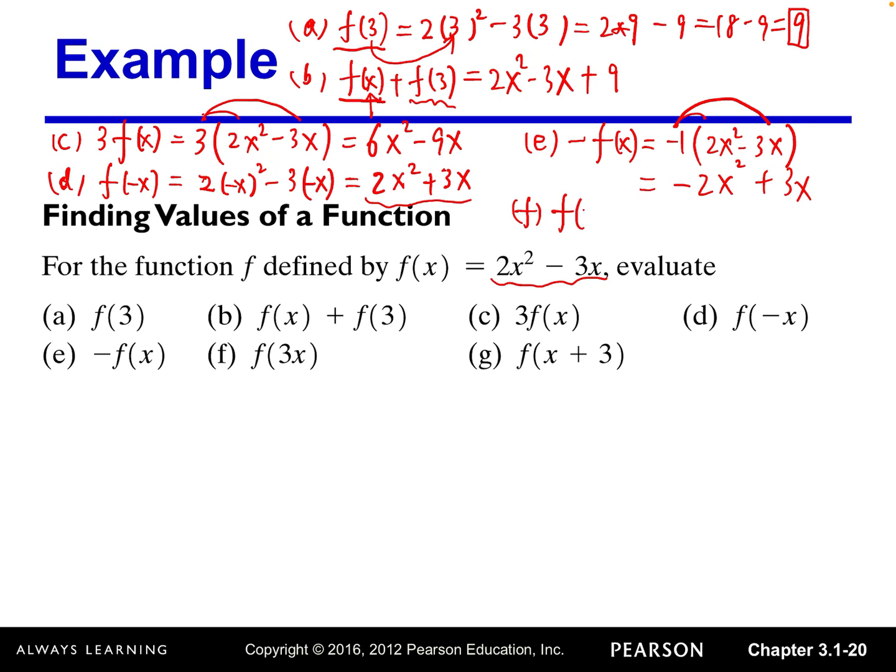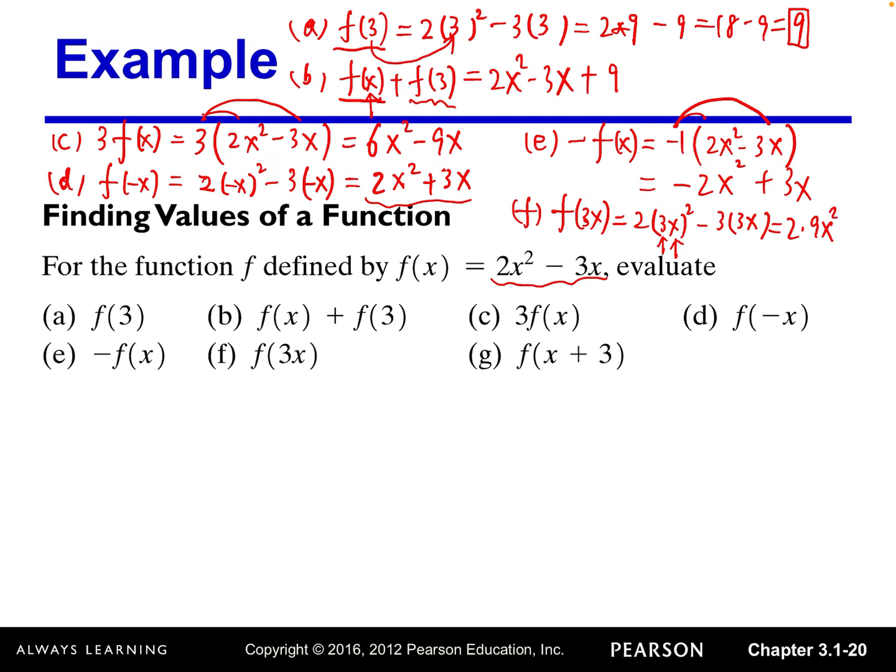F, we want to evaluate f of 3x. This time we replace x by 3x. So 2x squared minus 3x, I do the same thing, replace x by 3x, replace x by 3x, and then simplify. That's 2 times 3x, the whole thing squared. Remember, 3 needs to be squared and x needs to be squared.